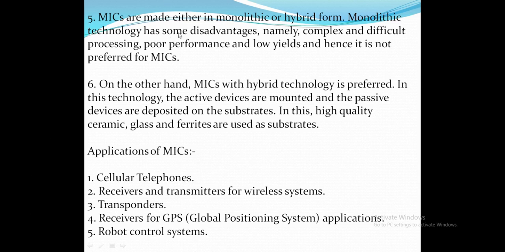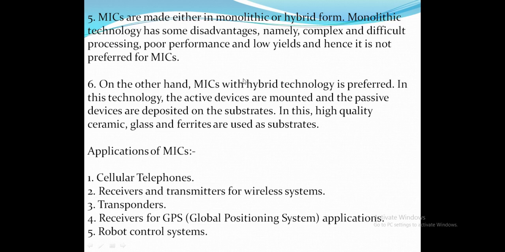The MICs are made either in monolithic or hybrid form. Monolithic technology has some disadvantages, namely complex and difficult processing, poor performance and low yields, and hence it is not preferred for MICs. Hybrid technology is preferred in MICs.